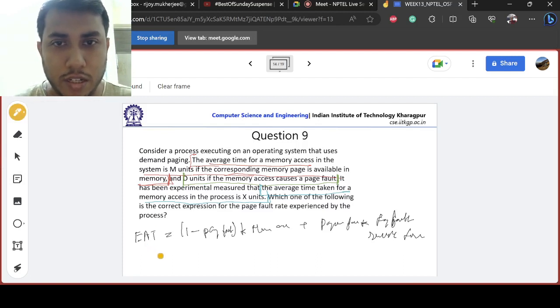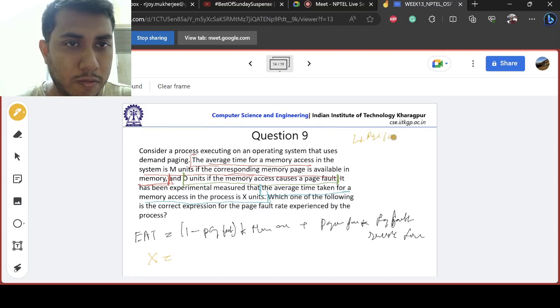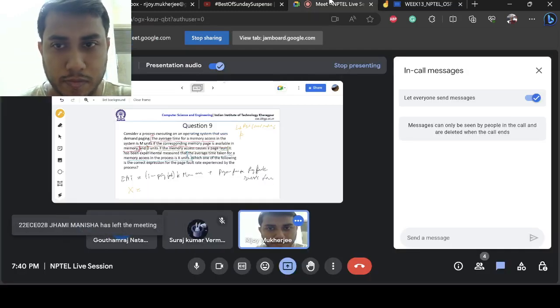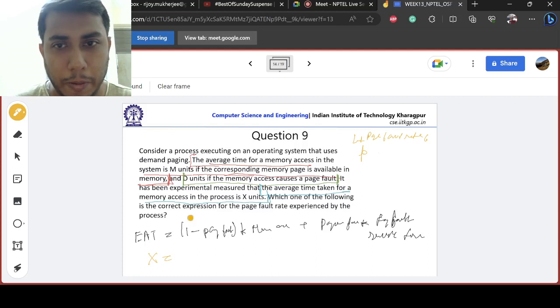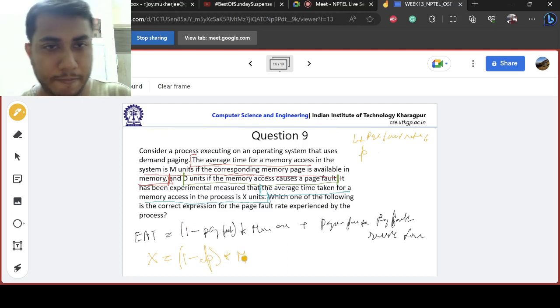In this case, some variables have been given for each of these. The average access time is x, and let's say the page fault rate is p. So it is 1 minus p when there is no page fault, and the memory access time is m.